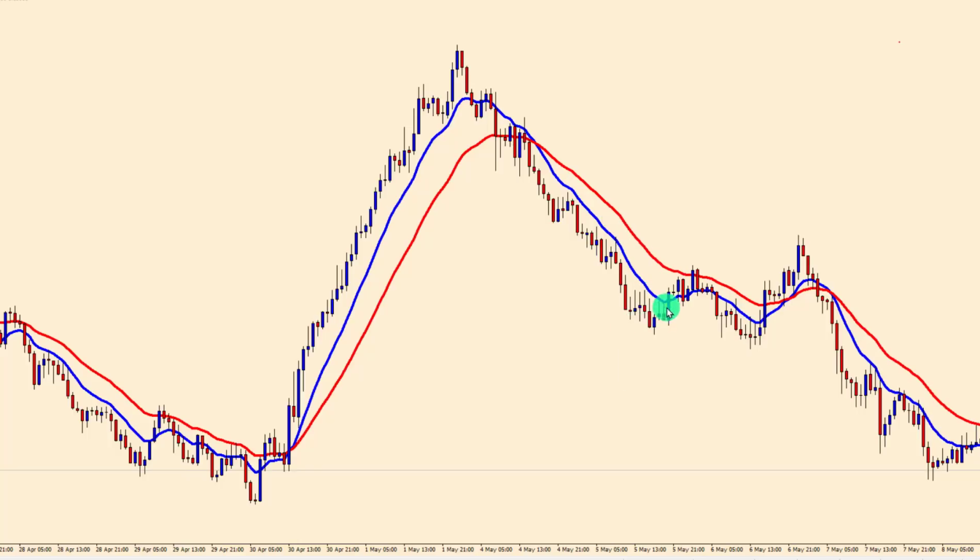So, for instance, here the price goes over the blue, so it's above the blue line, but because the red is pointing down, you don't enter those sells at all. See how it keeps you out of that whipsaw so nicely, and then the minute it goes below the blue line, you start selling again. So it actually keeps you out of whipsaw trades using these.